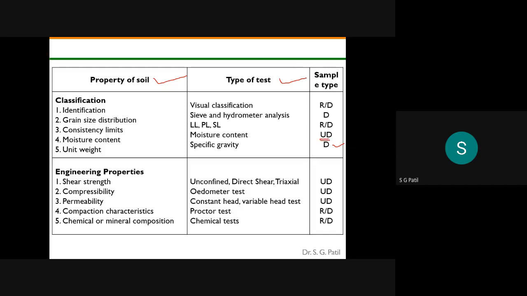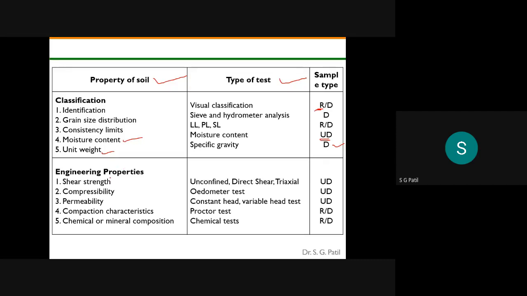R means representative sample, and at the same time it is a disturbed sample. This is just a summary of the tests to be carried out, and what kind of samples you need for those tests. That summary is given in this table.